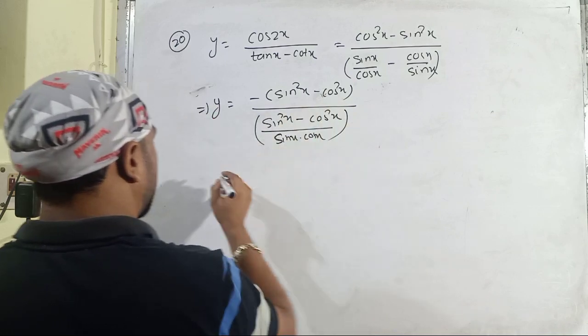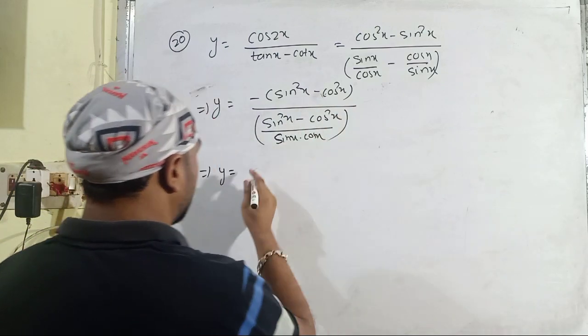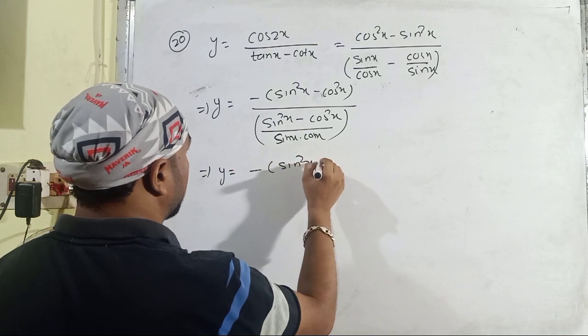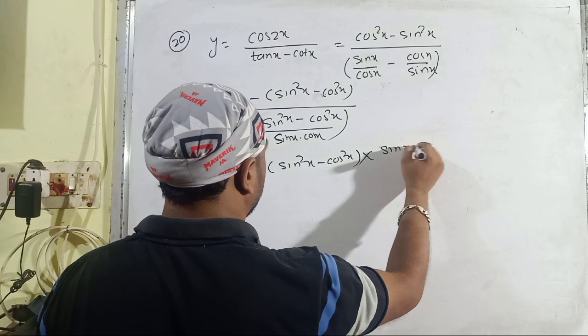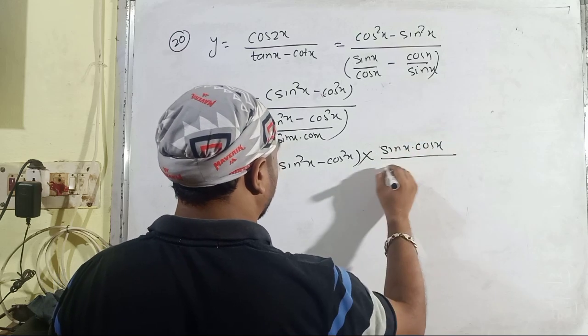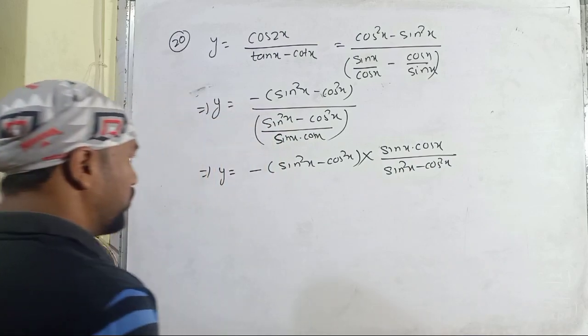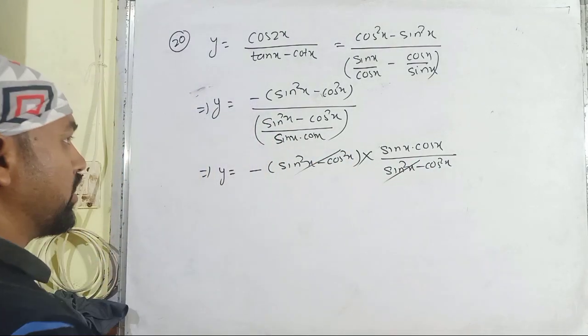Just I have simplified these steps. Y is equal to, just simplifying again, it will be minus sin square x minus cos square x multiplied with sin x into cos x divided by sin square x minus cos square x. And now we have to cancel the common factors from the numerator and denominator.